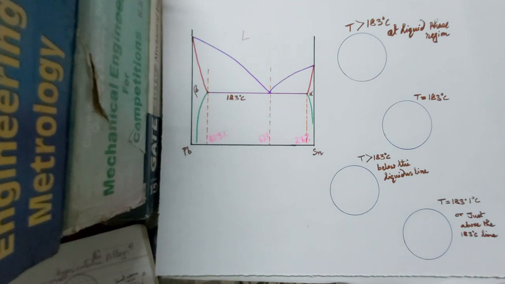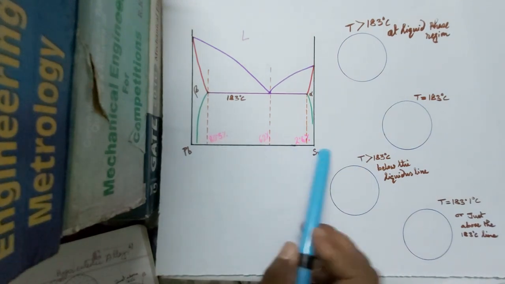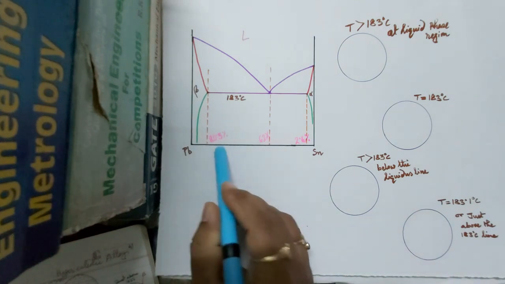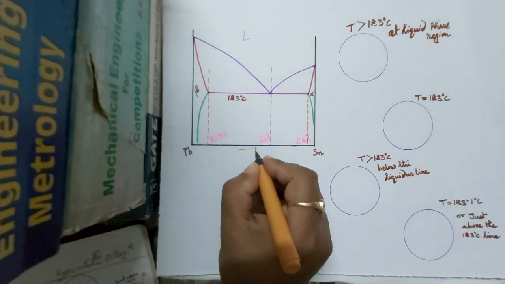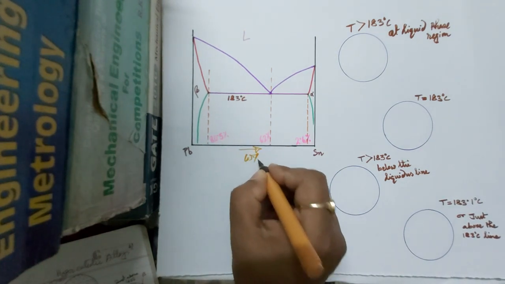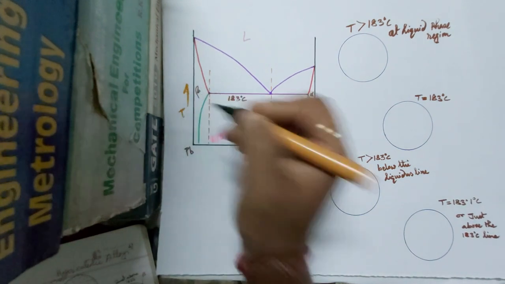Now we will see the different microstructures at different temperatures. Here we have the Pb-Sn phase diagram. On this side we have composition, and on this side we have temperature.